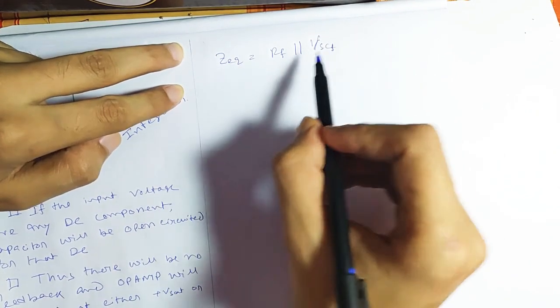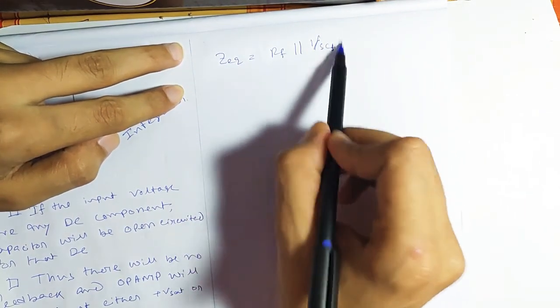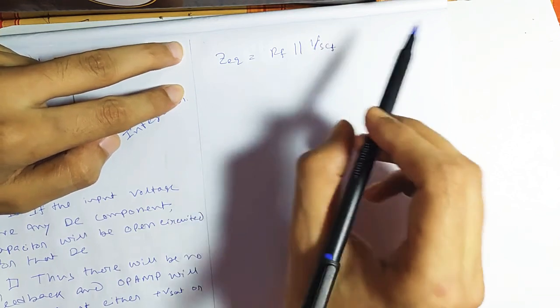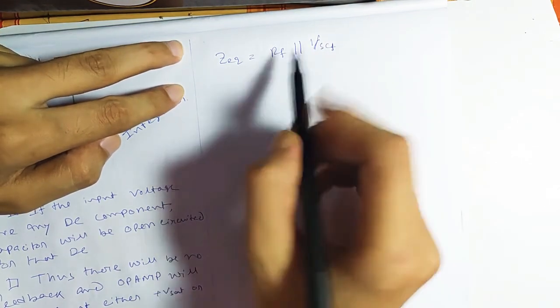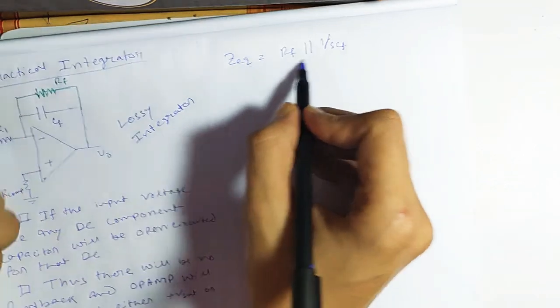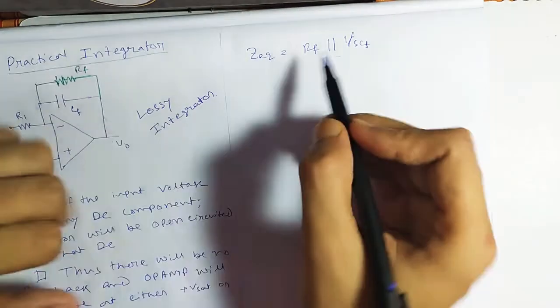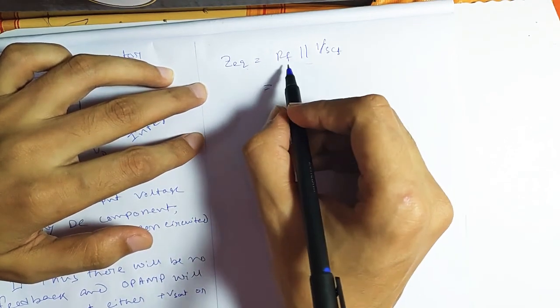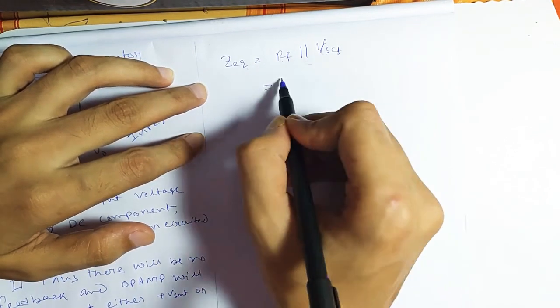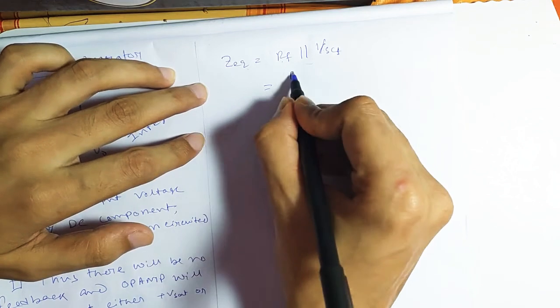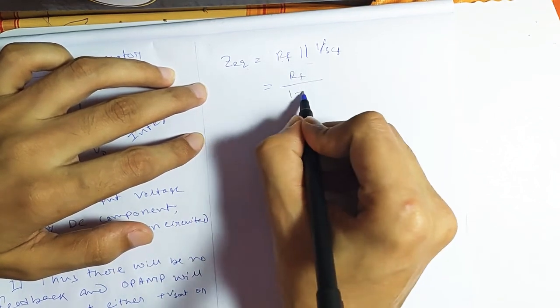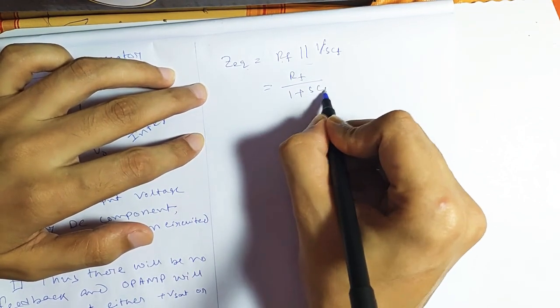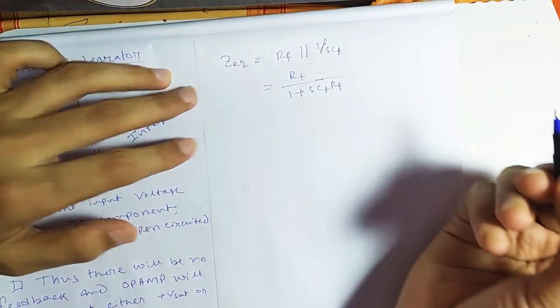We know a capacitor can be replaced by 1 by SC, and here you have R. So that will be the equivalent impedance of this parallel network. And you can write it as RF into 1 by SCF divided by RF plus 1 by SCF, and it will be RF by 1 plus SCF RF.